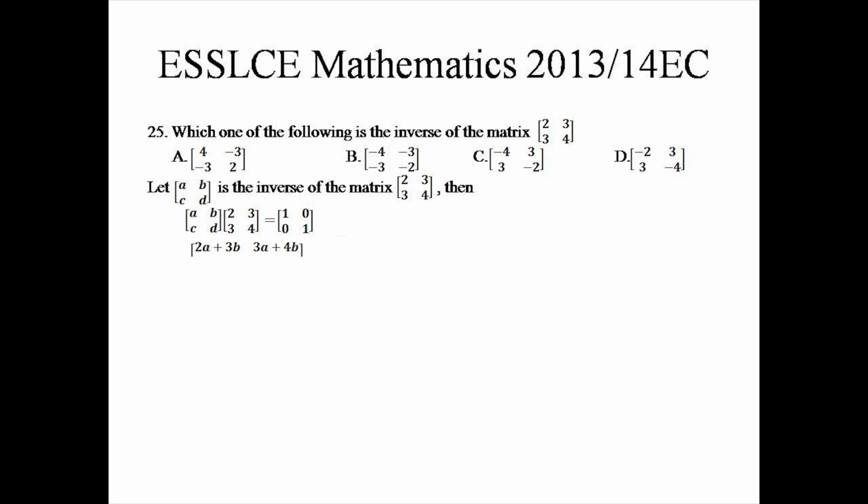Again, determine the sum of the product of second row of the inverse matrix with the corresponding column 1 of the matrix under inquiry, that is 2c plus 3d. Again, determine the sum of the product of row 2 of the inverse matrix with the corresponding second column of the matrix under inquiry, that's 3c plus 4d, is equal to the identity matrix.